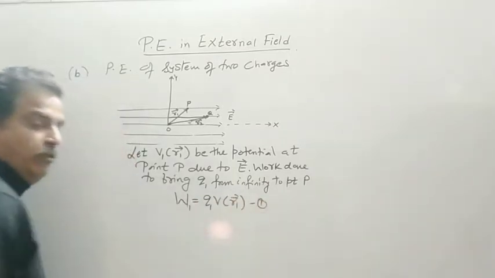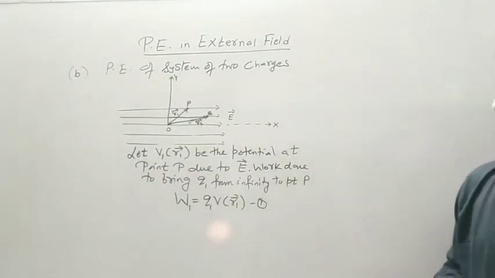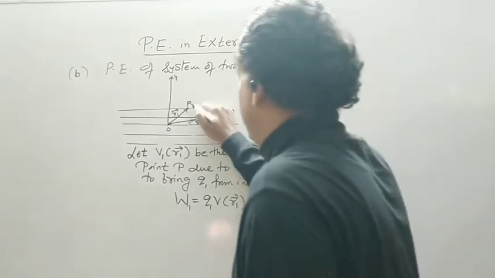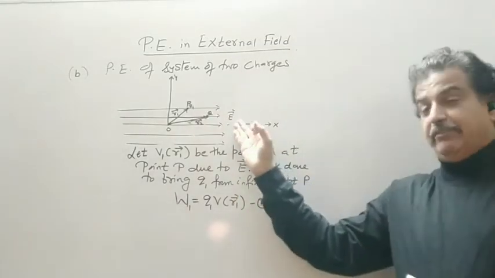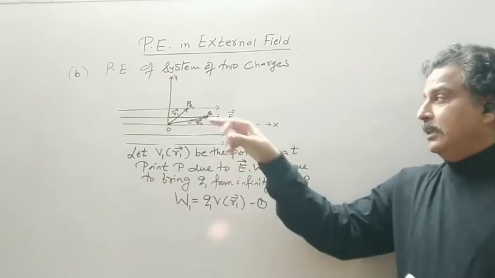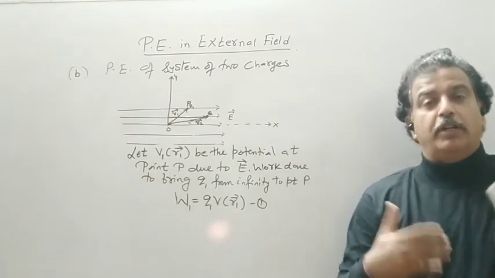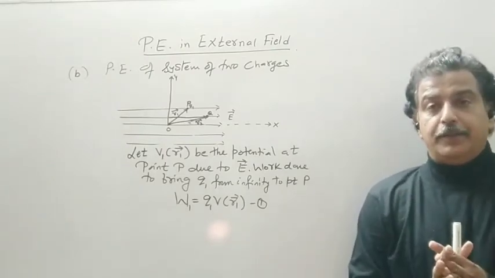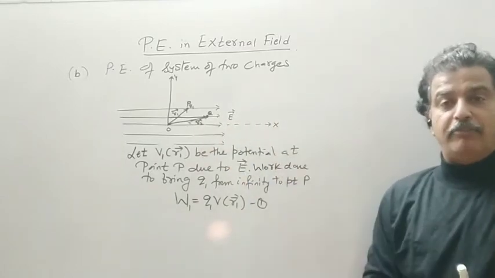That is our equation 1. So the first charge is brought in the system. Now when I bring a second charge, Q1 is placed here. So now we have an external field E vector, as well as this Q1 will also create its own field. So now the work should be done against Q1 as well as the external field.